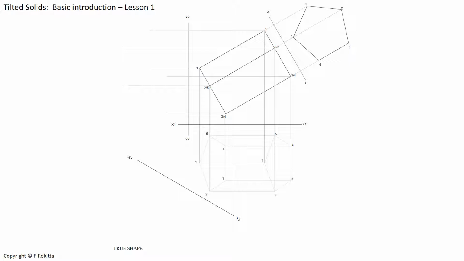Once we've carried over all the corners of our prism from the auxiliary view to our top view, we can connect the corners of our prism in the top view with one another. As you can see here, we draw light construction lines from the top to the base of our prism on the top view. This we do till we have completed all the corners and created a profile which we call the ghost view.